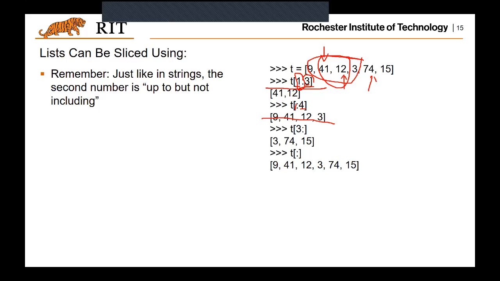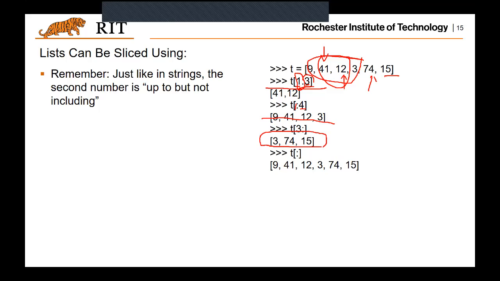Also, if you leave the second number empty, that means it will go all the way through to the end of the list, and it turns out you have this sublist. So what if both numbers are empty?